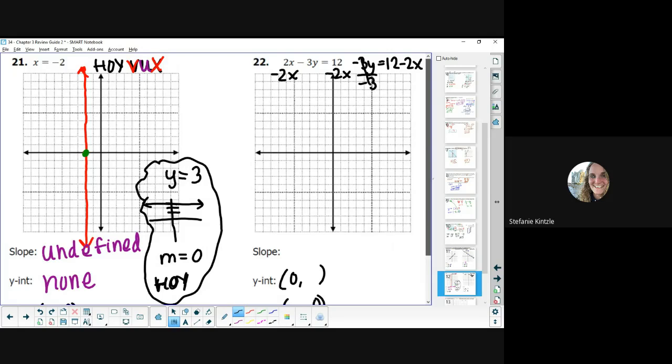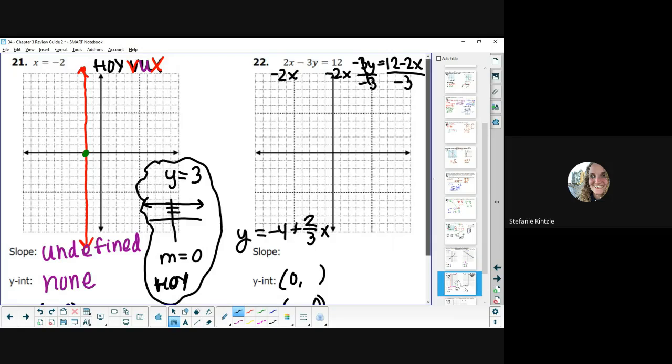Divide both sides by -3, and we get y equals 12 divided by -3 is -4, and -2 divided by -3 is what? But what's a negative divided by a negative? Yep, so positive 2/3 x.